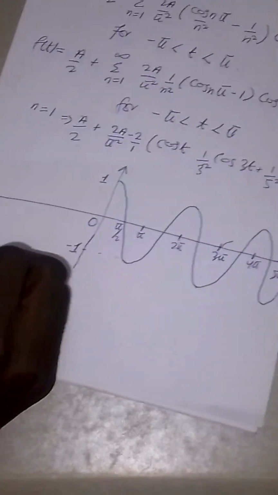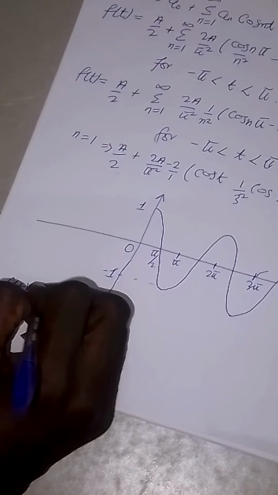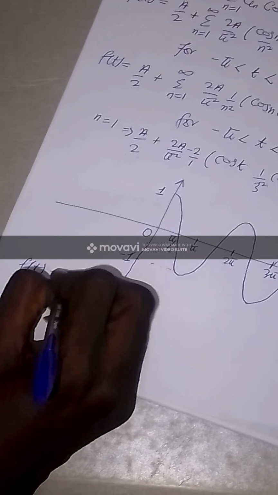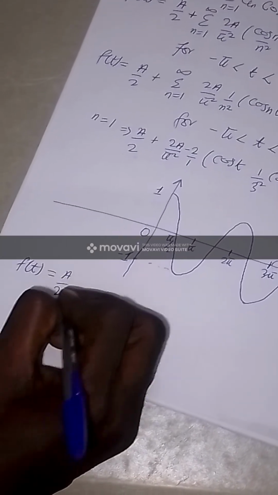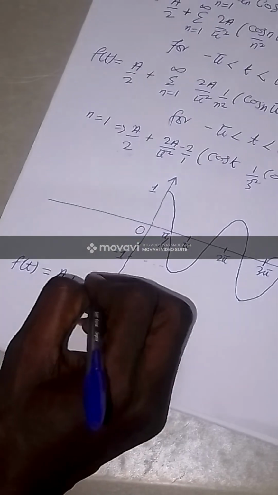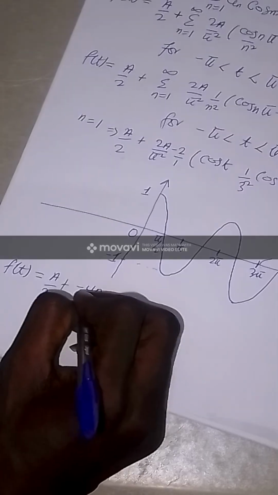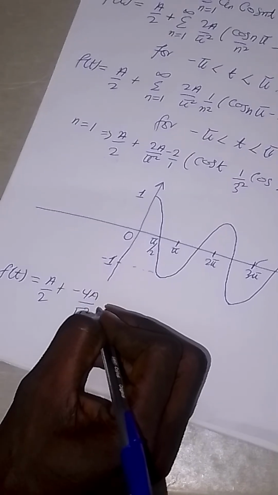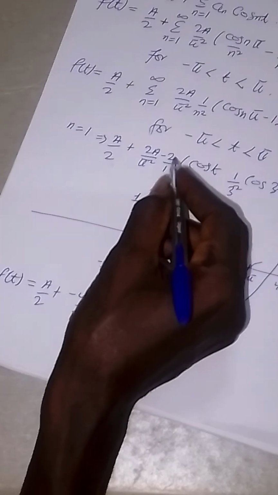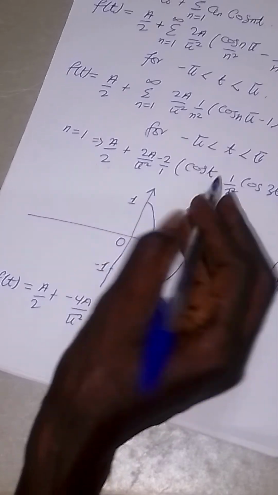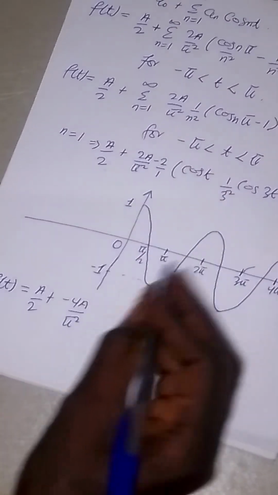So now what can I say? I can say that f of t is equal to a over 2 plus minus 4a over pi squared. And then here, what am I going to have?